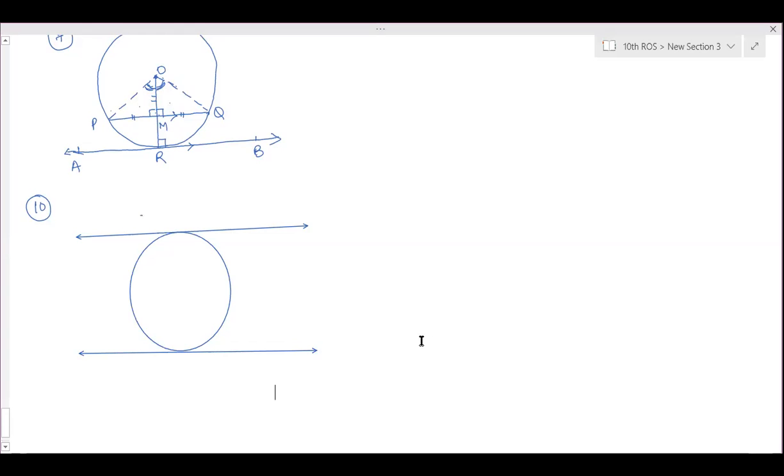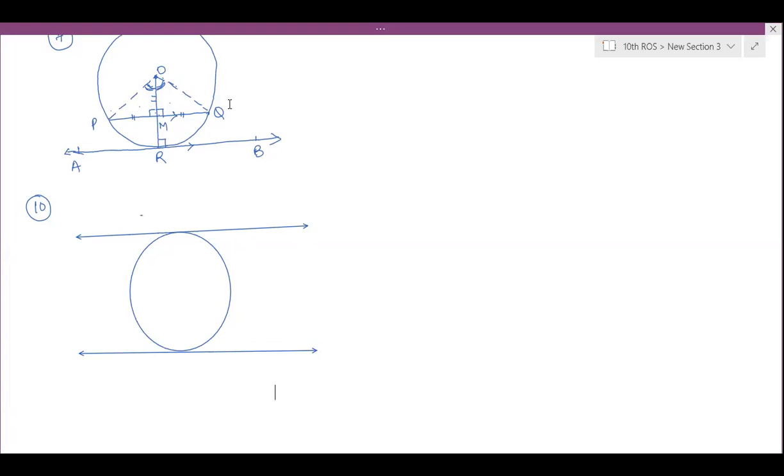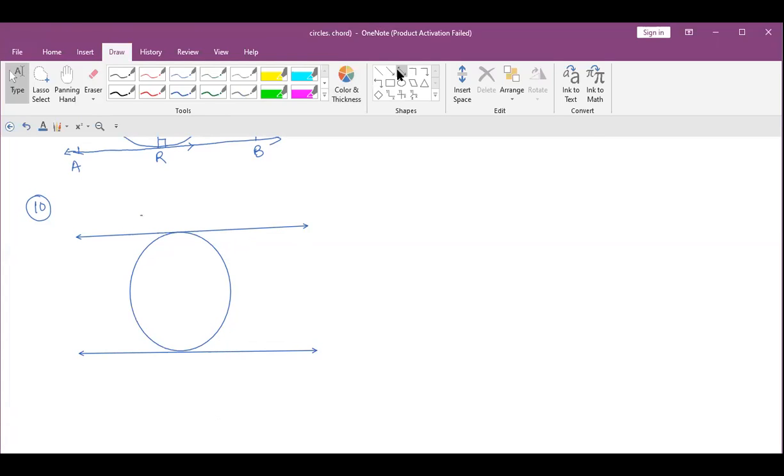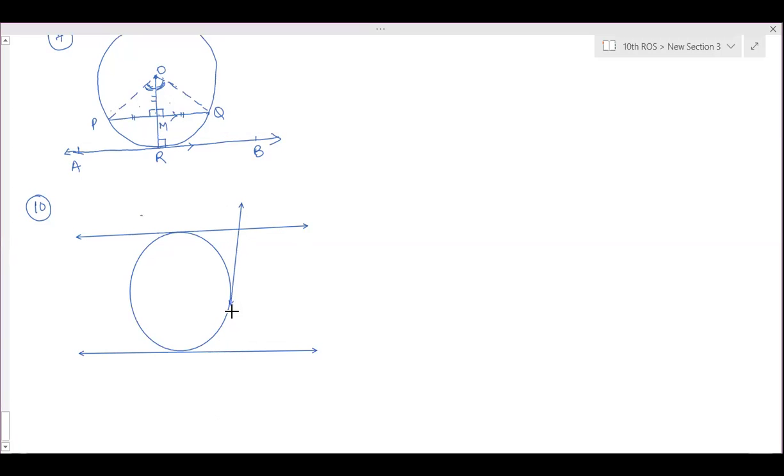Intercept means the part of the transversal. That transversal is also a tangent to this circle itself. One transversal which is drawn to the circle, which is also a tangent. So this is the intercept.